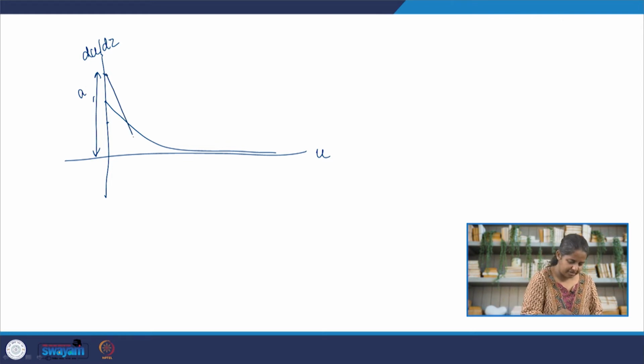So one possibility is here. So here B is quite big, so this is B1. Then we have B2. Then we have B3.